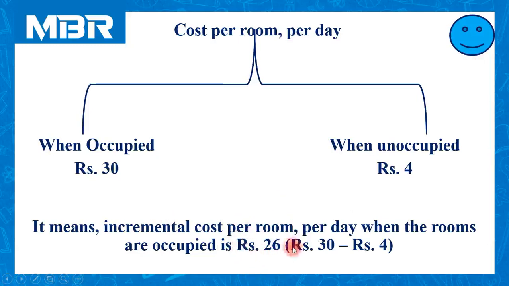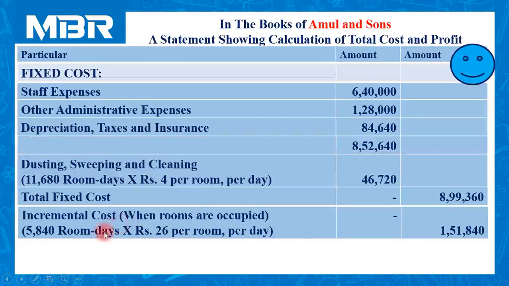When rooms are occupied, the incremental cost or net cost for the operating room service is rupees 26 per room per day, and it is applicable on 5,840 room days only. It means incremental cost is applicable to 50% occupancy level only.